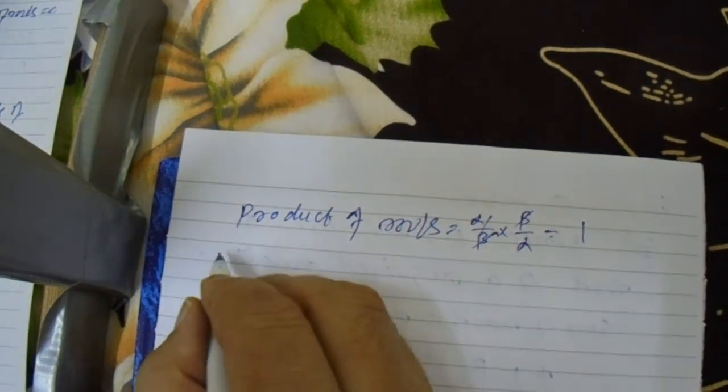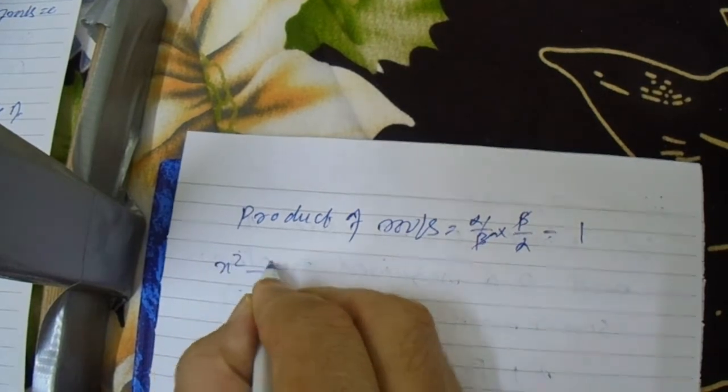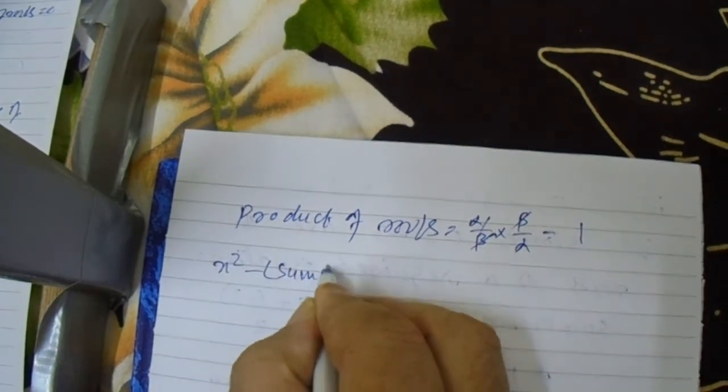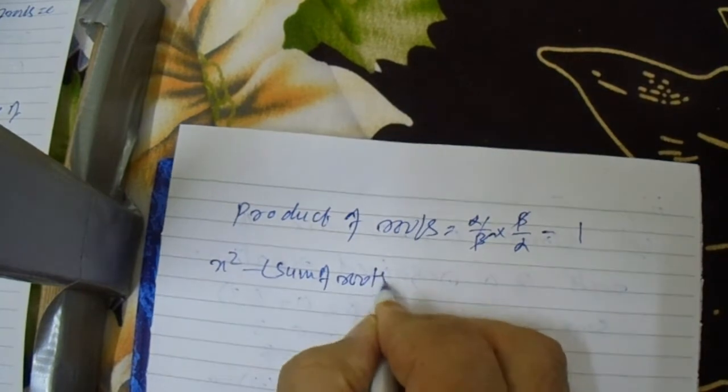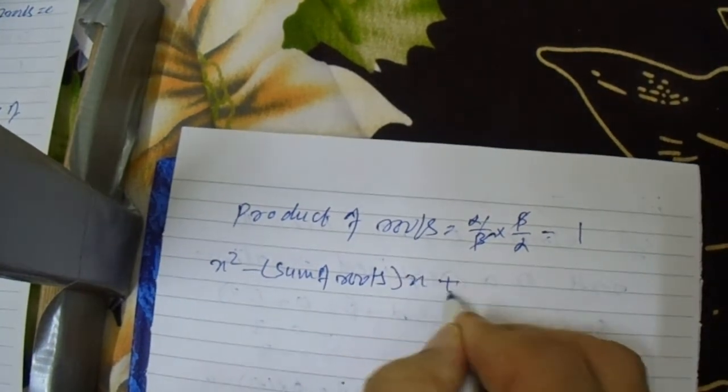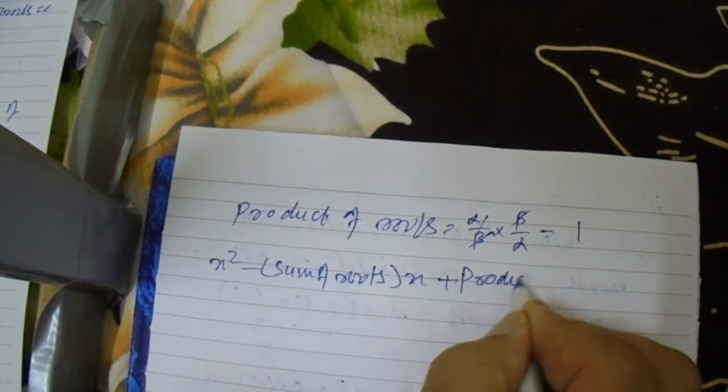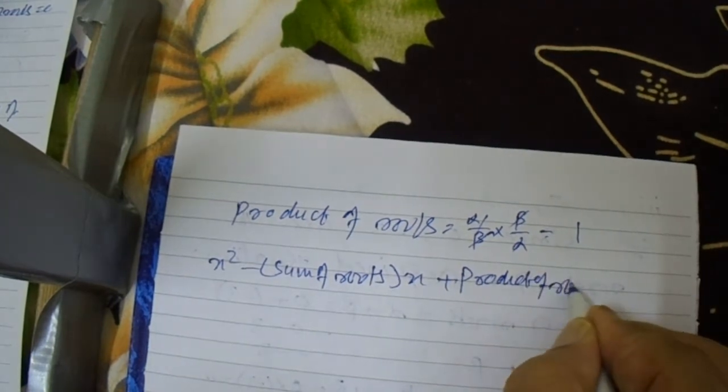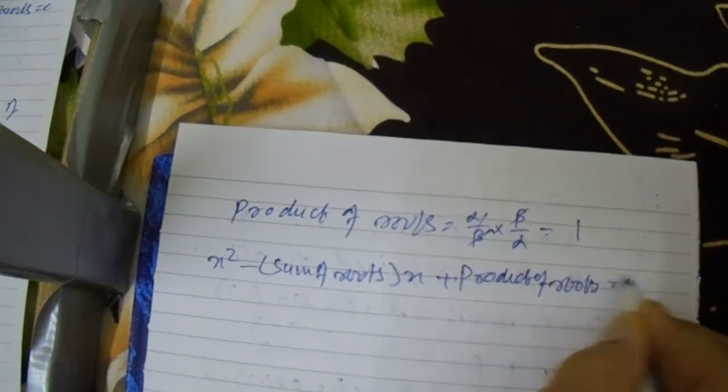Now we write the required equation, x square minus sum of roots x plus product of roots is equal to 0.